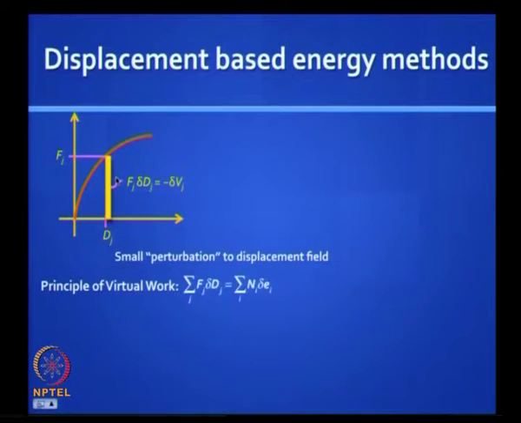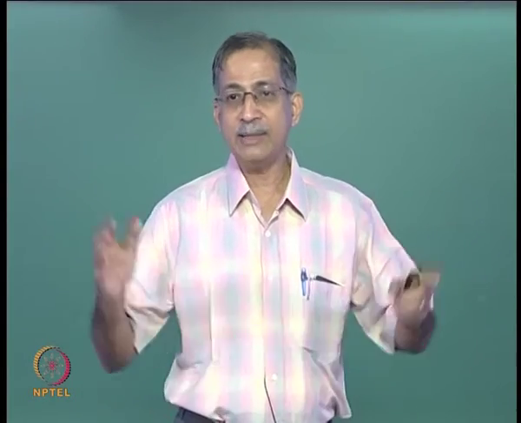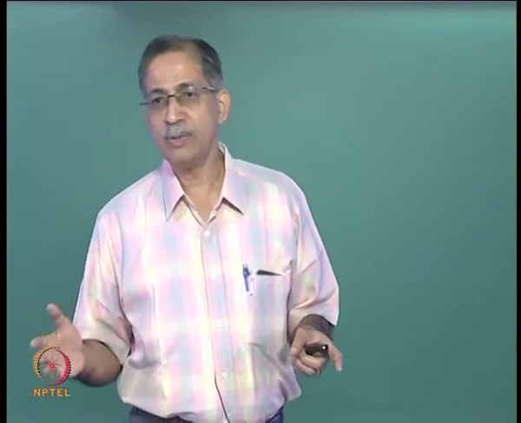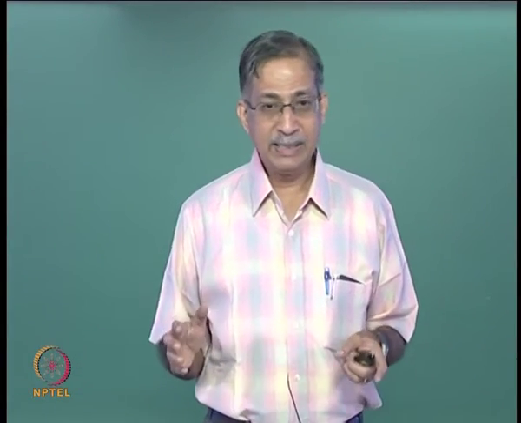So, you will find that the external work or virtual work is fj delta dj, and if you give it a negative sign, it becomes the increment or the variation in the load potential energy. Now, if you sum up this over all the joint locations, you get the total load potential energy variation. Is it clear?